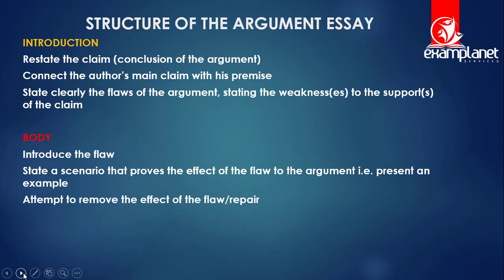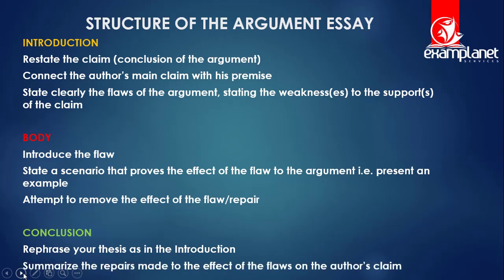So you're not just trying to change it, but you're saying what could have been considered to make the argument more convincing. And that's just it. It's very simple. Conclusion: rephrase your thesis as in the introduction and summarize the repairs made to the effect of the flaws on the author's claim.